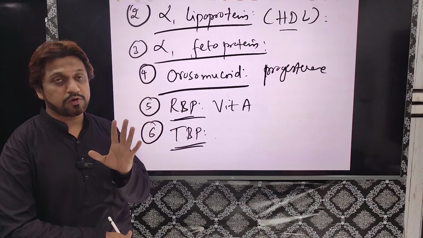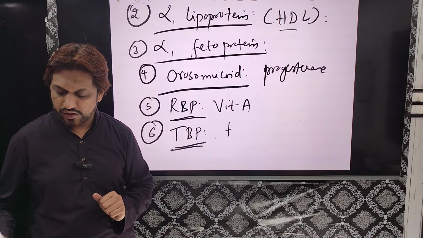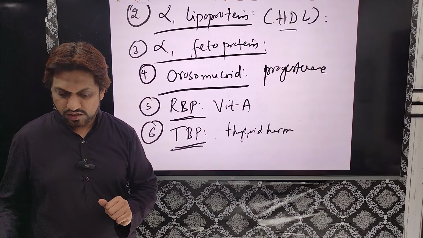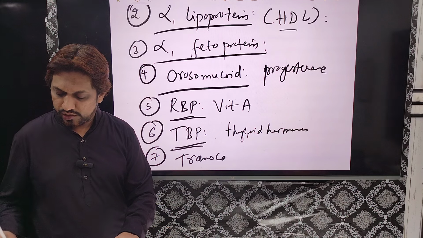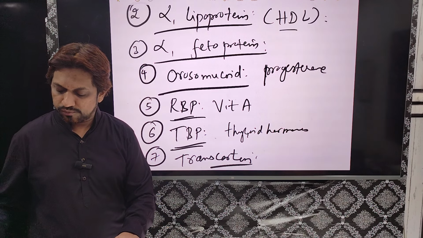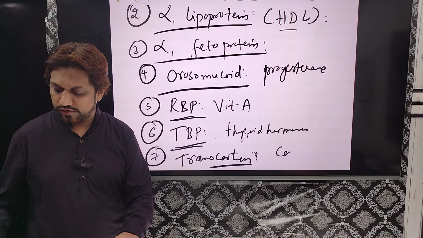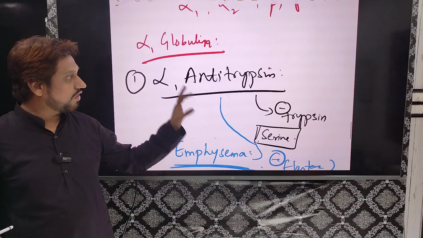This plasma protein helps in transport of thyroid hormones. Similarly, we have transcortin, which helps in transport of steroid hormones like cortisol. So these are the alpha 1 globulins.